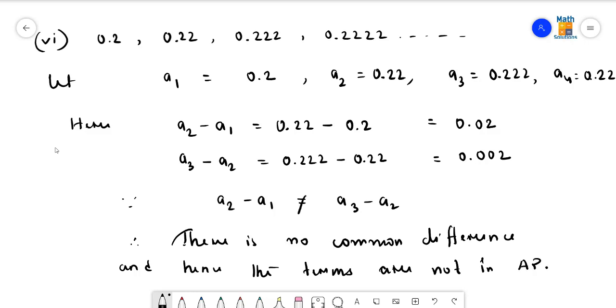So this is the answer. So here in this case there is no question of finding out the remaining elements, remaining terms of this AP.